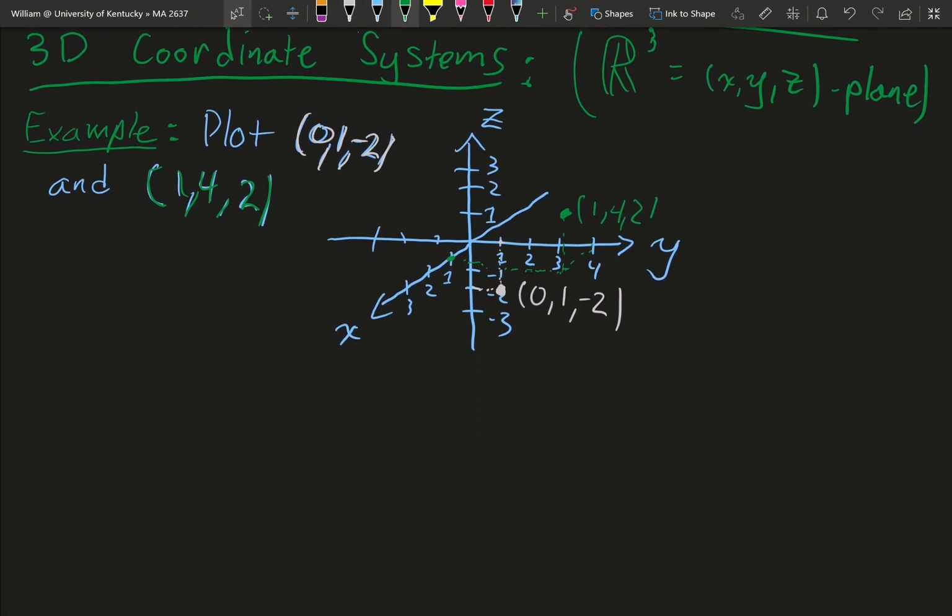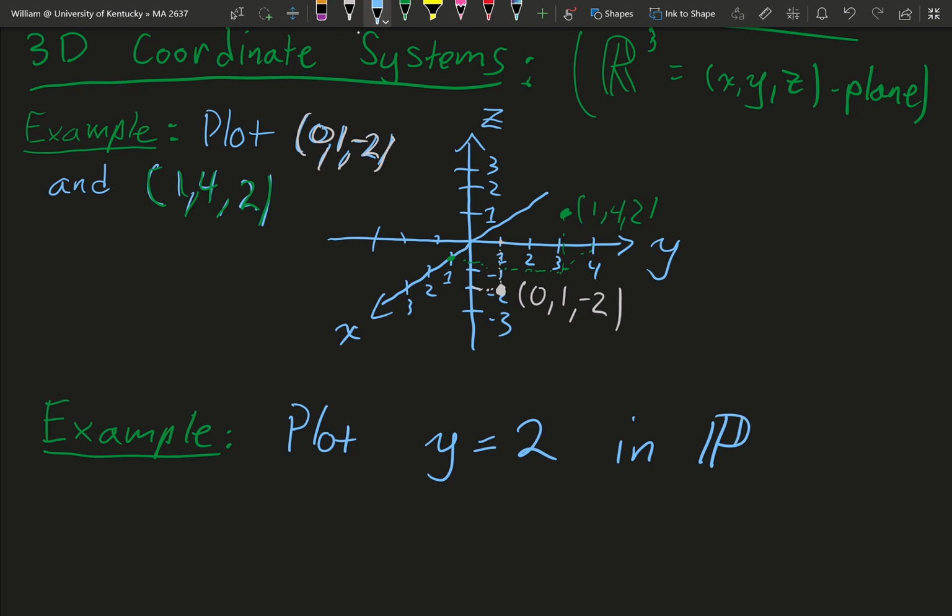So we can plot points, but we can also plot equations. In 2D space, we could plot y equals x, or an even simpler line, like x equals 1. So let's get a sense of what y equals 2 looks like in three-dimensional space.